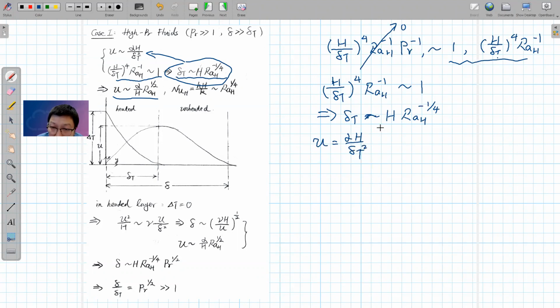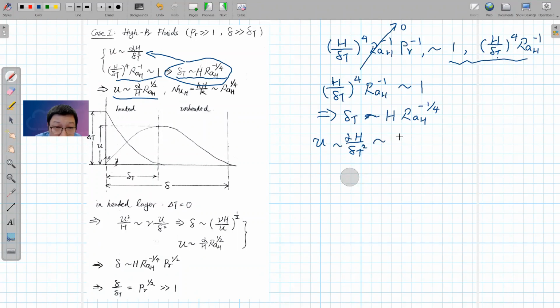And since delta T scales as H times the Rayleigh number to the minus 1 over 4 power, you bring this delta T into this result. I should not use the equal sign, just the approximate sign.